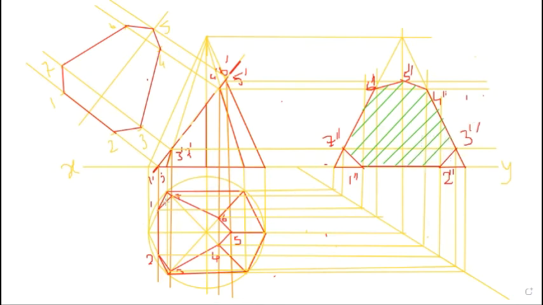Similarly here, this part only. And here also, this is basically 45 degrees, so this is a vertical line.